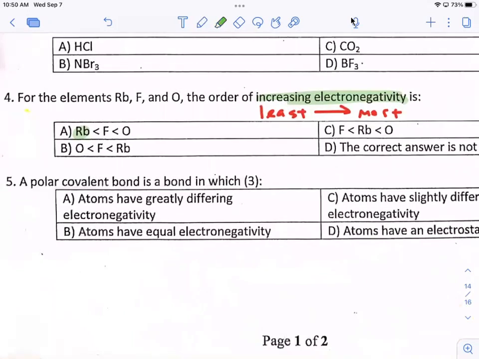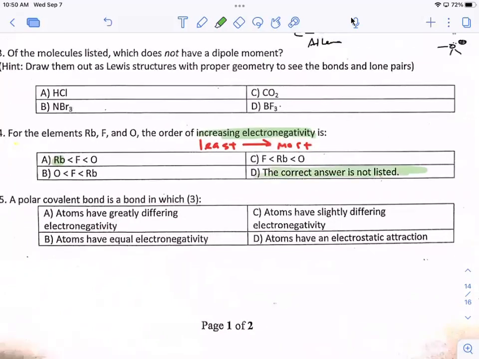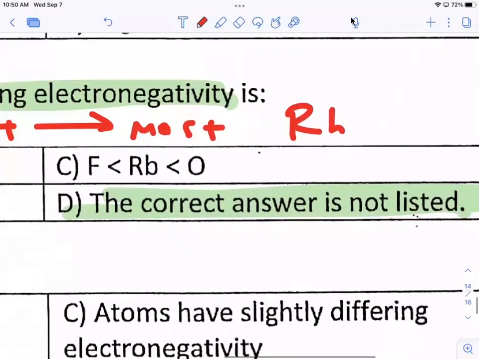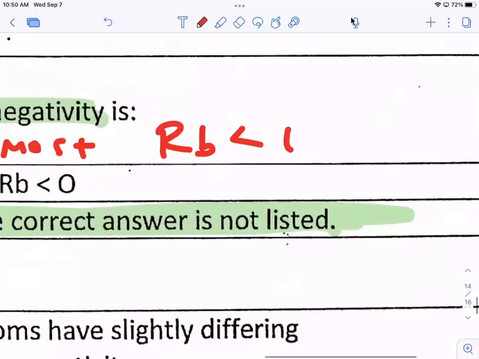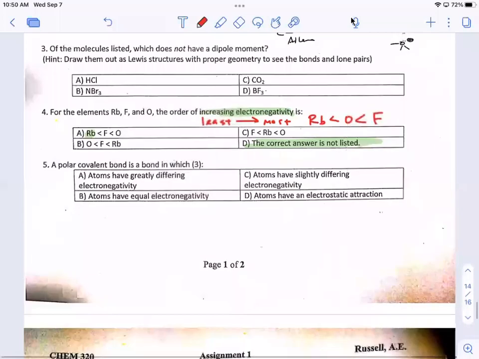Do we have a combination of these atoms where fluorine is on the far end as the most electronegative atom? No. So in this case, the correct answer is not here. It should be rubidium is less electronegative than oxygen, which is less electronegative than fluorine, but it's not there.